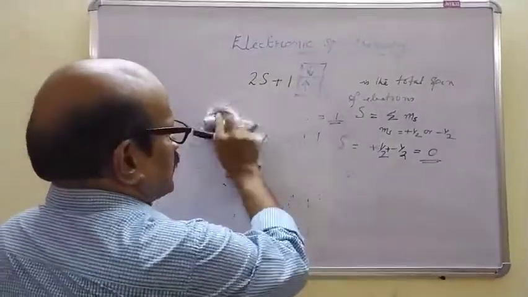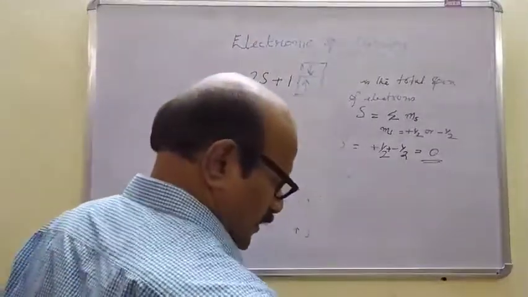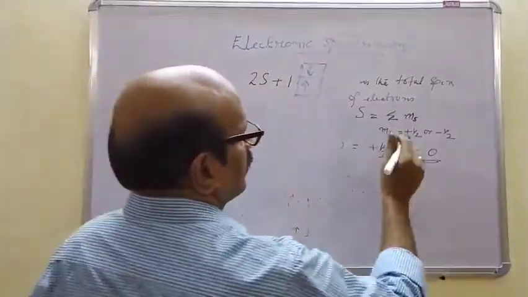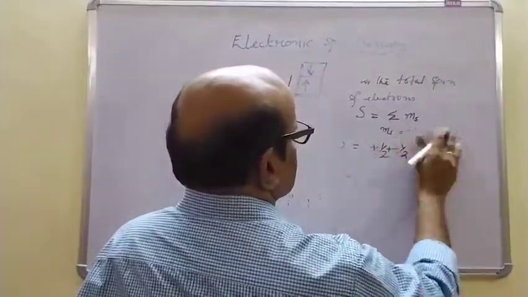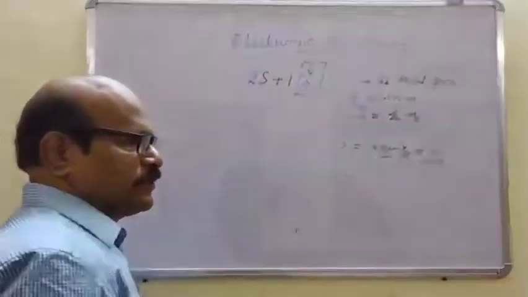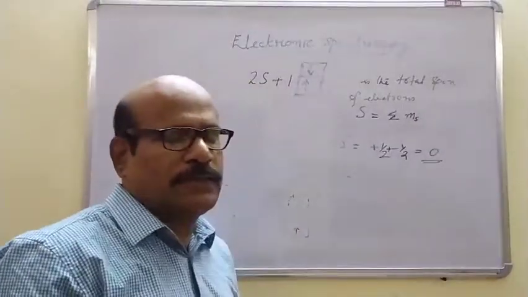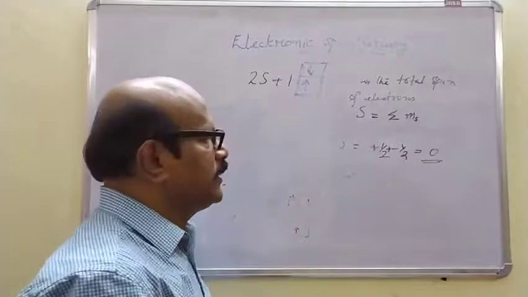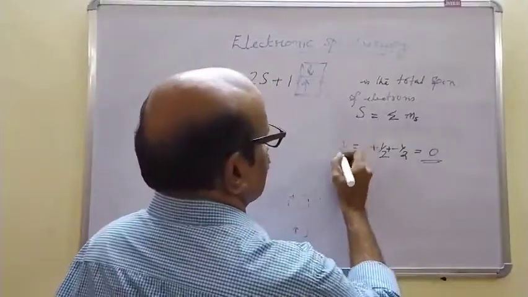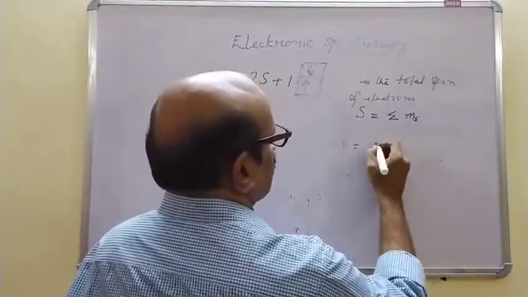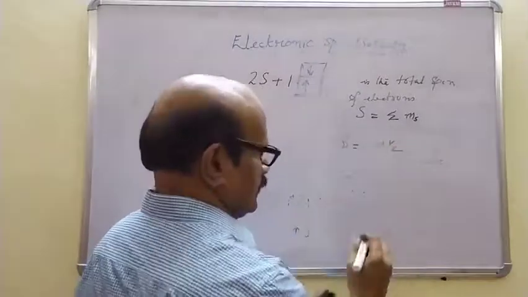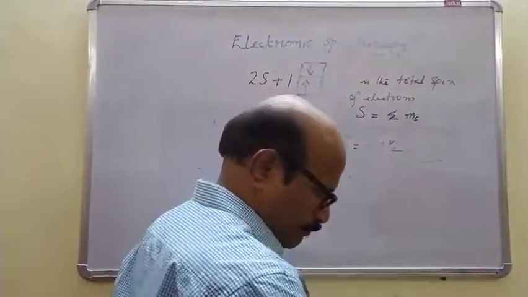Then another state is, suppose the total spin of the molecular system is such that it contains one unpaired electron. Then S is equal to either plus half or minus half.